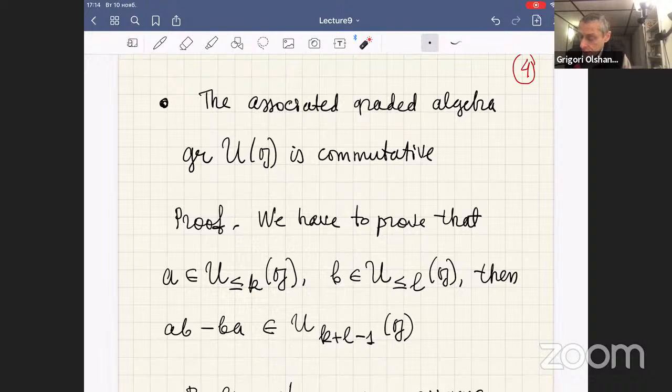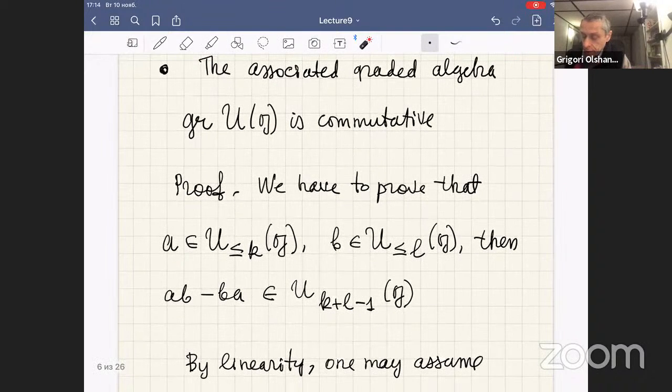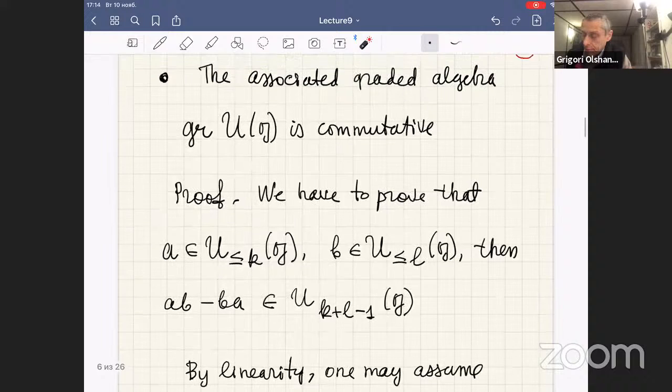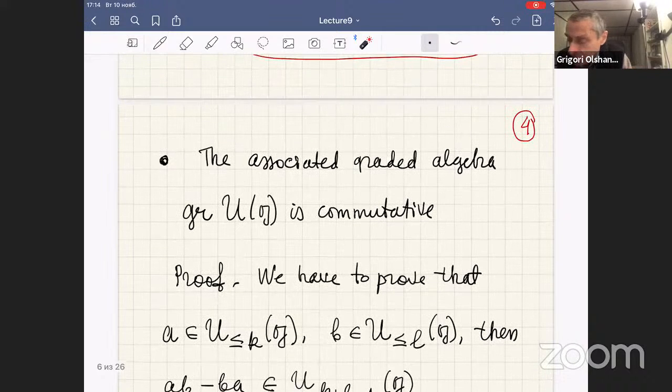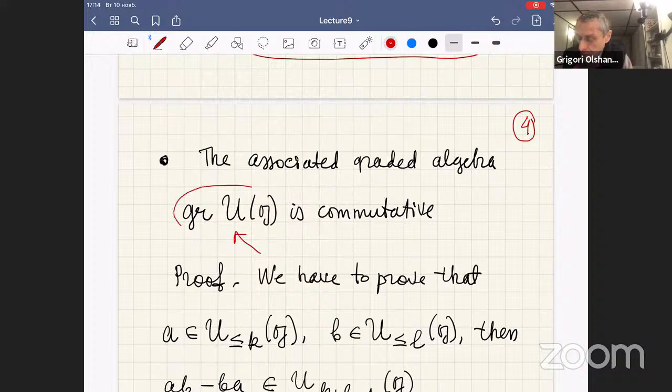As follows. So we have to prove the property that if you have an element of degree at most K, another element of degree at most L, then the commutator has degree strictly less than K plus L. And then we can define, I forgot to define it, this object as follows.